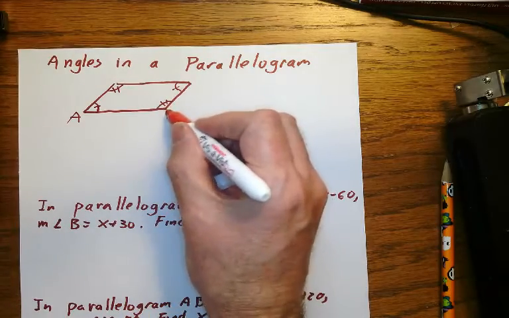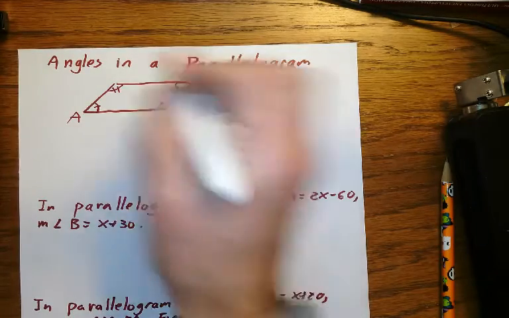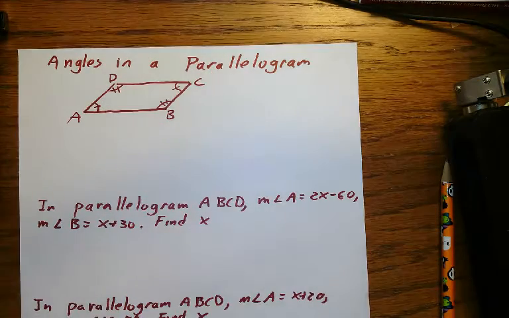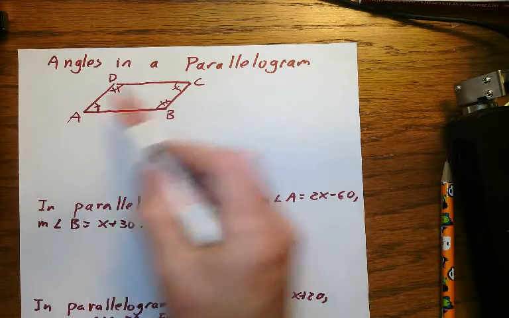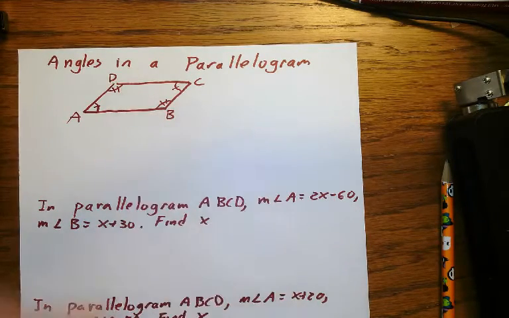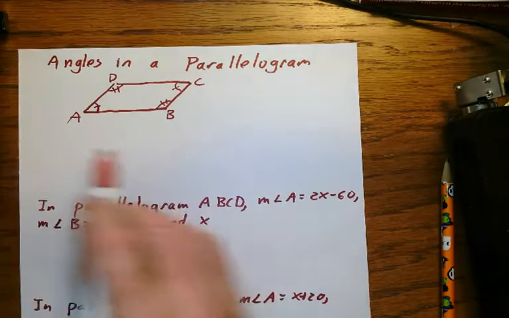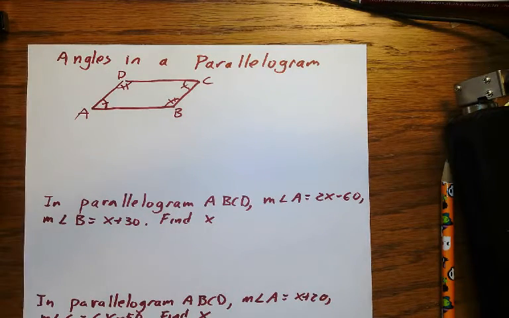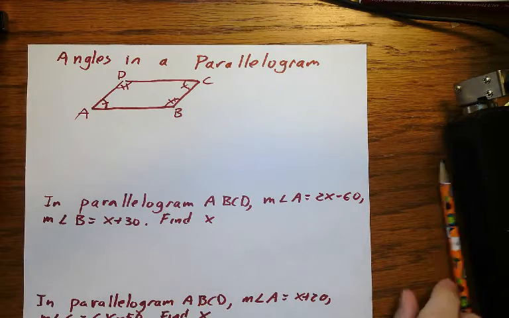So if this is B, this has to be C, and this has to be D. You can't jump over. This is A. I can't put the B here. If B is here, I can't put the C there. They have to go around in order. Otherwise, things will get messed up when you do the problems.